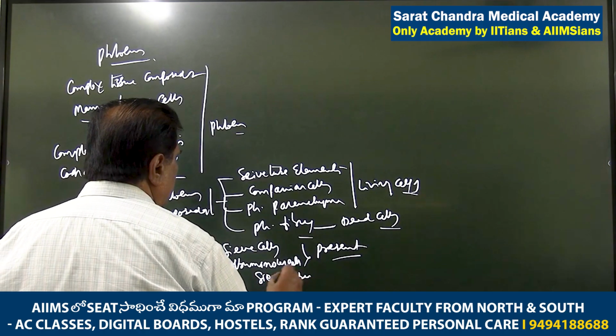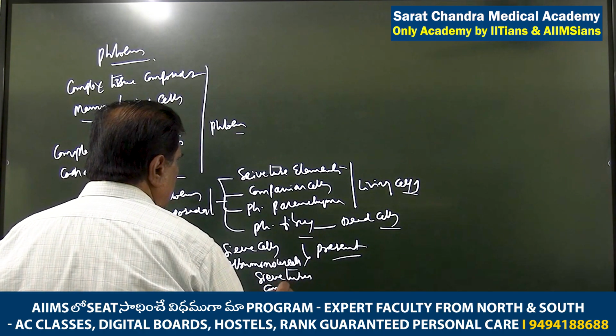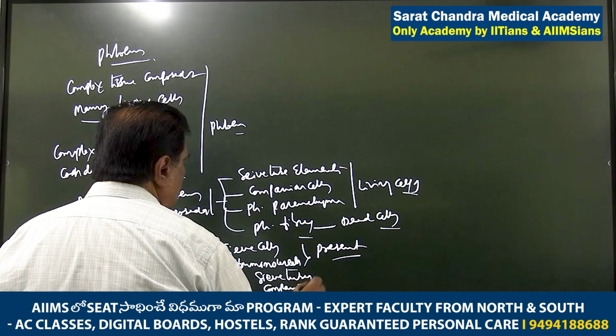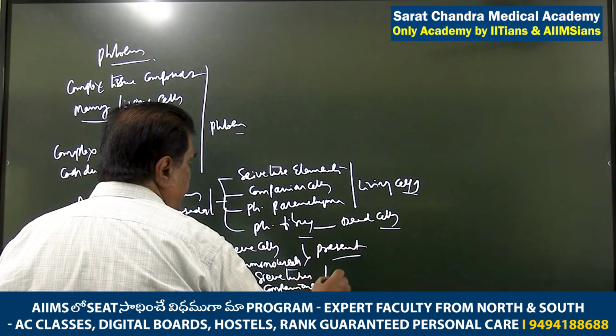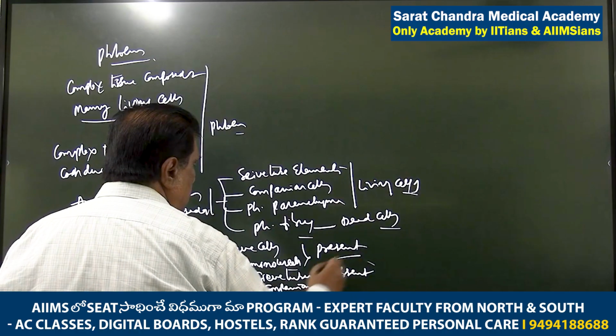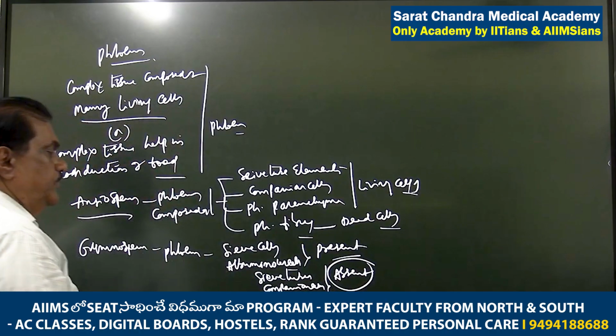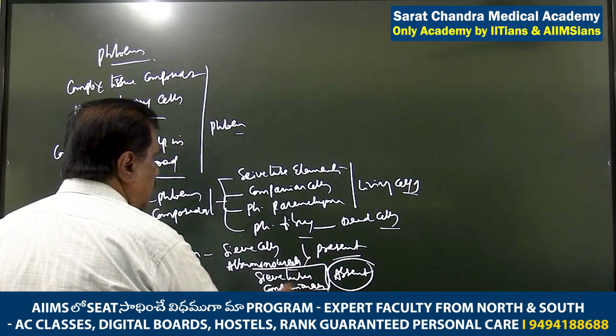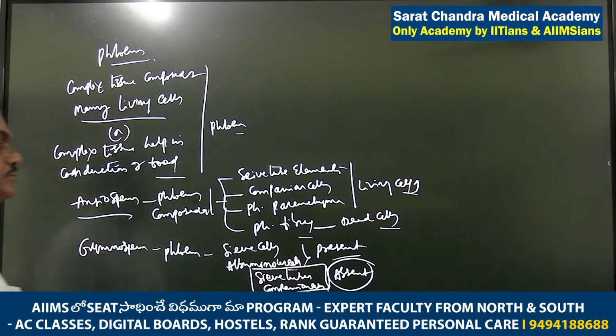Sieve tubes and companion cells, these two are absent in the phloem of gymnosperms.